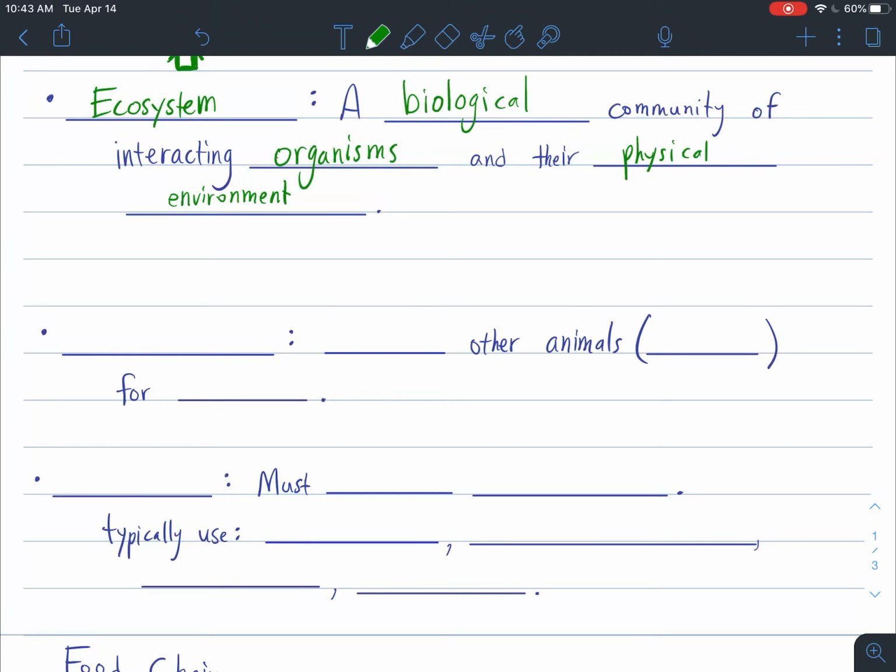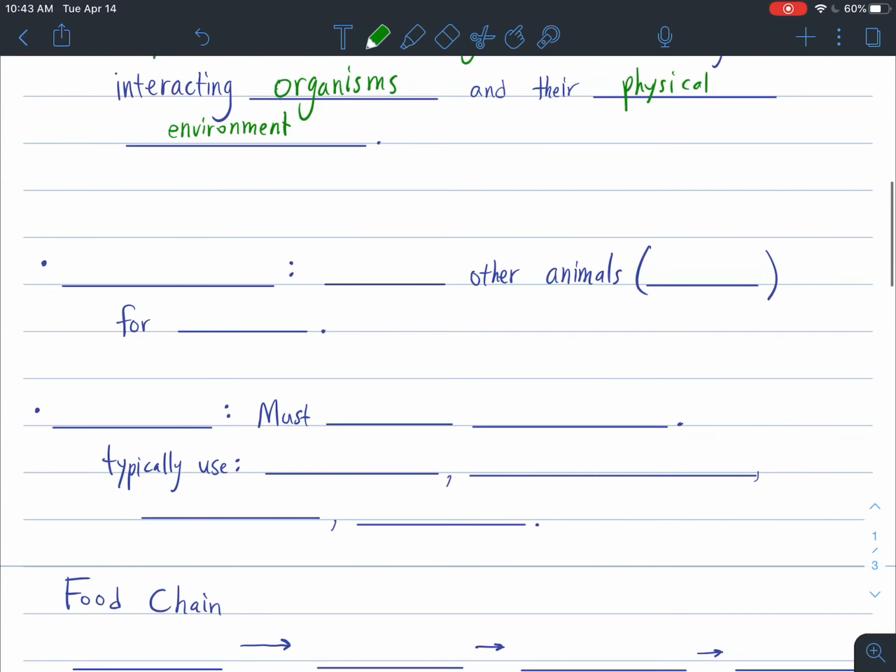All right, within ecosystems, if we were to break down the animals that live there, typically we break them down into two simple categories. The first one that we'll look at is the predators. A predator is something that hunts other animals, and those other animals are what we're going to talk about next, and those are called prey.